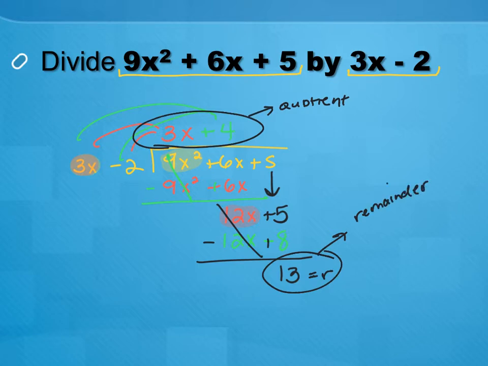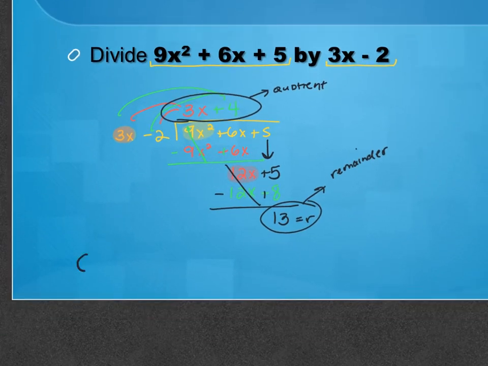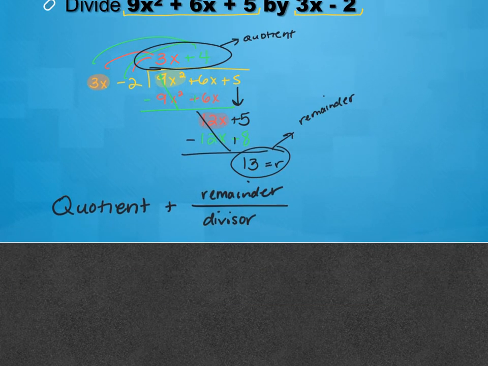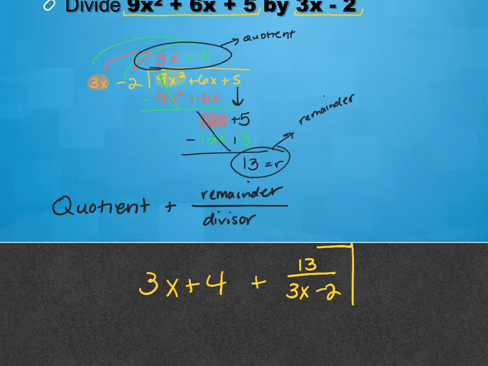And the way you will write these answers is the quotient plus the remainder over the divisor. So my answer is going to be 3x plus 4 plus 13 over 3x minus 2.